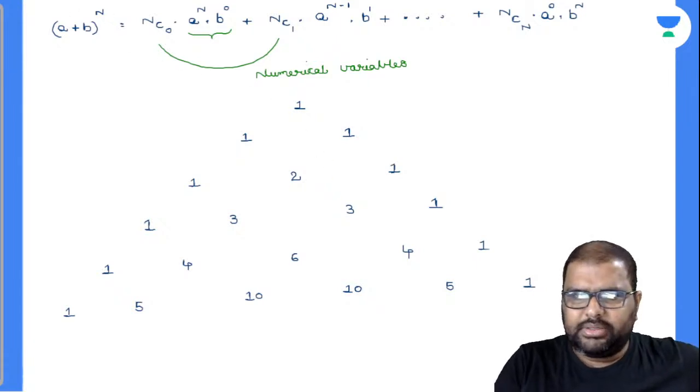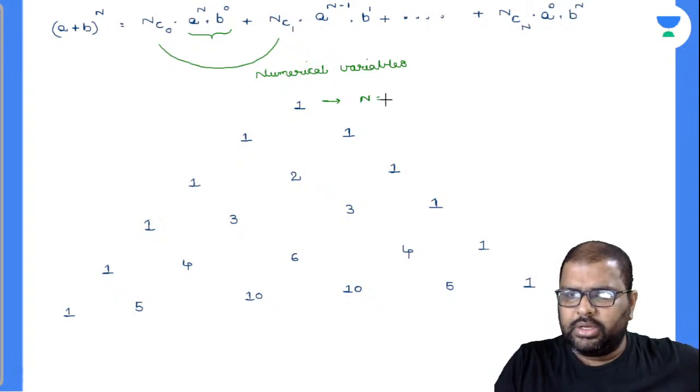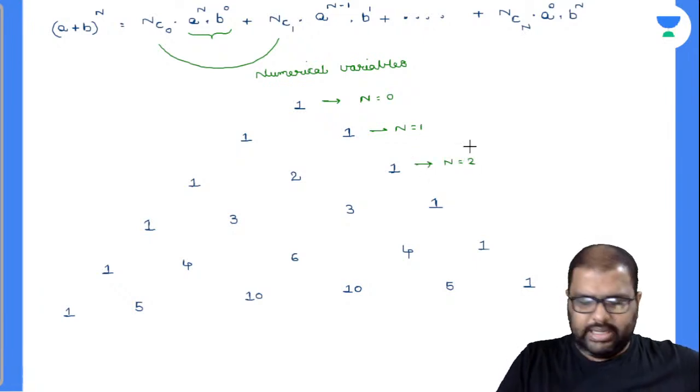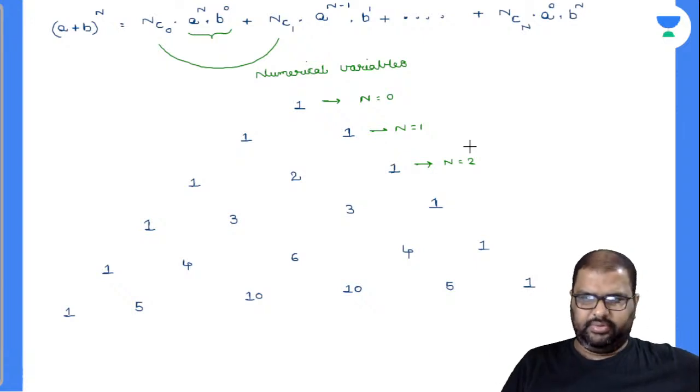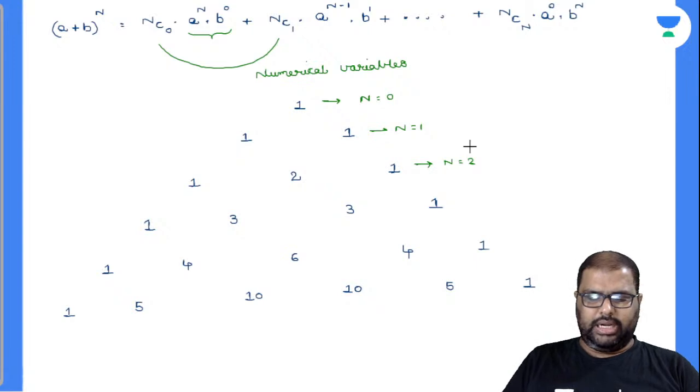So closely observe there, this first row will be representing n is equal to 0. This second row is representing n is equal to 1. This third row is representing n is equal to 2. So on, n is equal to 3, 4, 5. Done. So let us pick up some points here so that you can understand this.